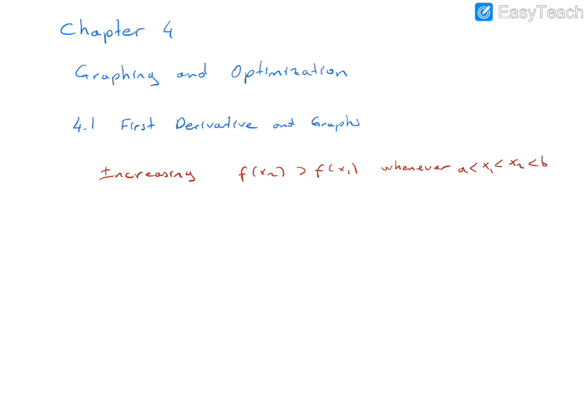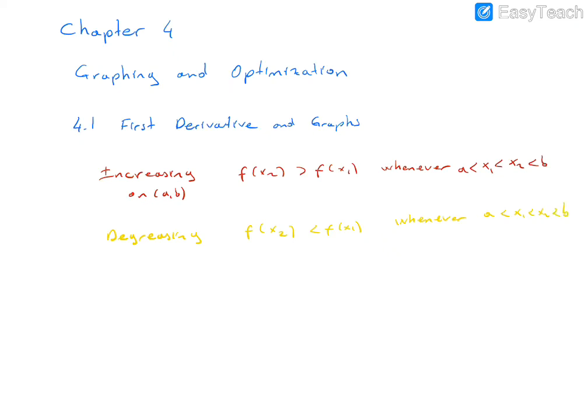In that case, f is increasing on the interval (a, b). Or decreasing if f(x2) is less than f(x1) whenever, again the same order, x1, x2 are in (a, b).